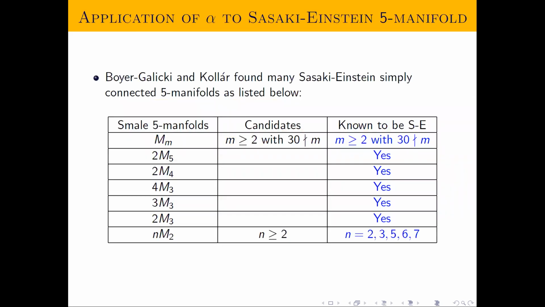So using this method, Boyer, Galicki, and Kollár found many Sasaki-Einstein simply connected 5-manifolds. So let me list what was done at the time and what was not done. In the rational homogeneous sphere case, they proved the existence of Sasaki-Einstein metrics up to here, but they just checked up to 7 except 4, and they couldn't determine the rest in this case.